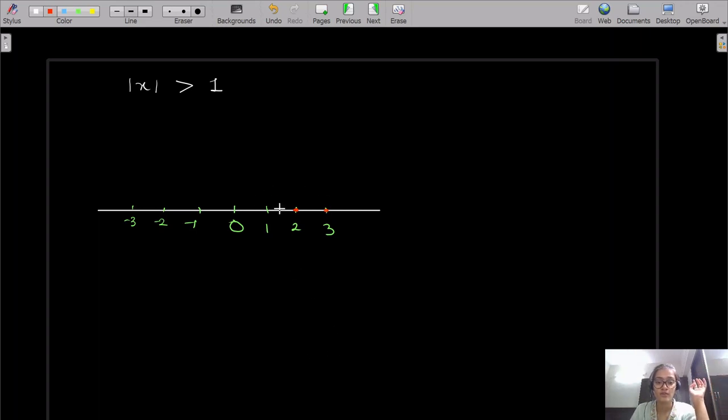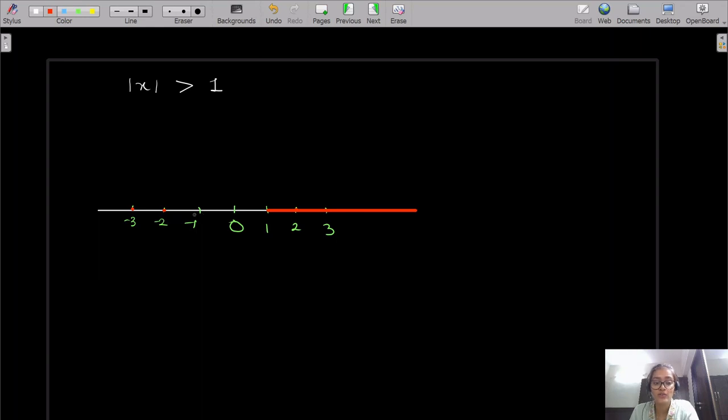So all the numbers which are greater than 1 will be actually the solutions to this inequality. And now what about the numbers which are less than -1? Now if you have a number, let's say -2, the distance of -2 from 0 is 2, which is greater than 1, and distance of -3 from 0 is 3, which is greater than 1.